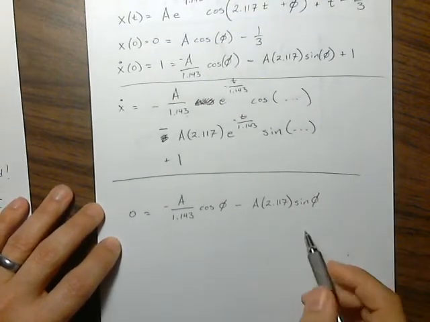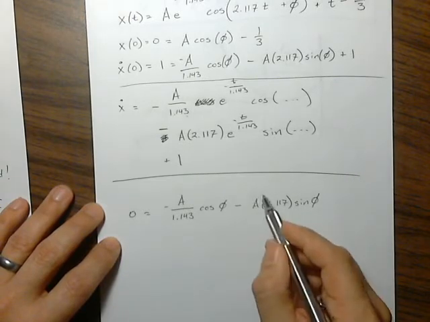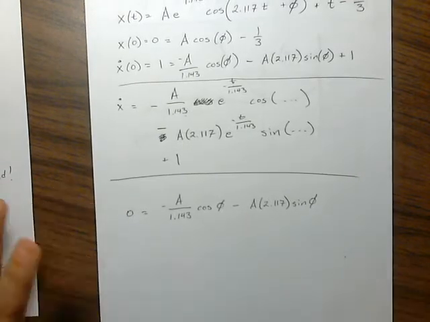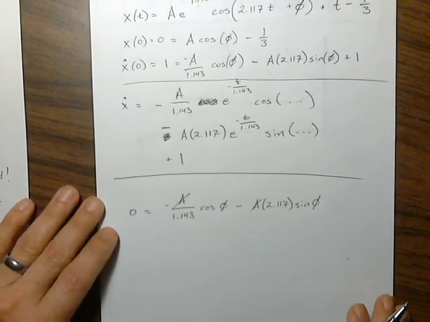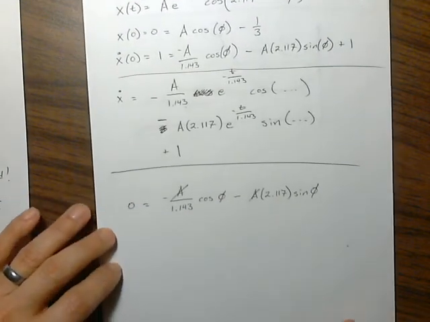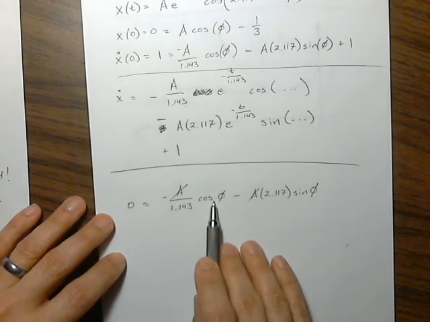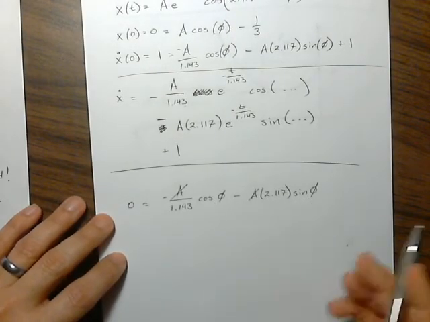Because this is all equal to 0, I get to divide by a, and I'm going to be okay. I got lucky, though. It didn't have to work out that nicely. So now I can solve for phi explicitly.